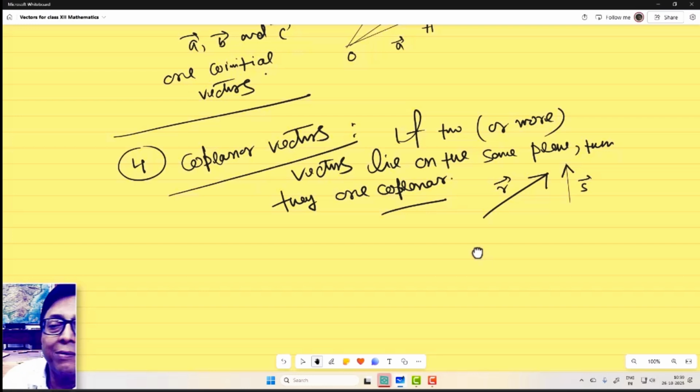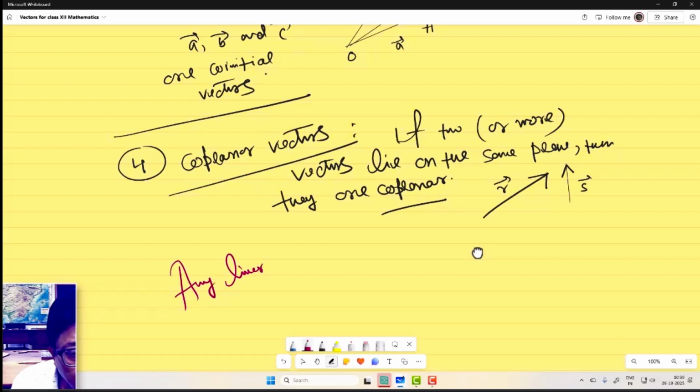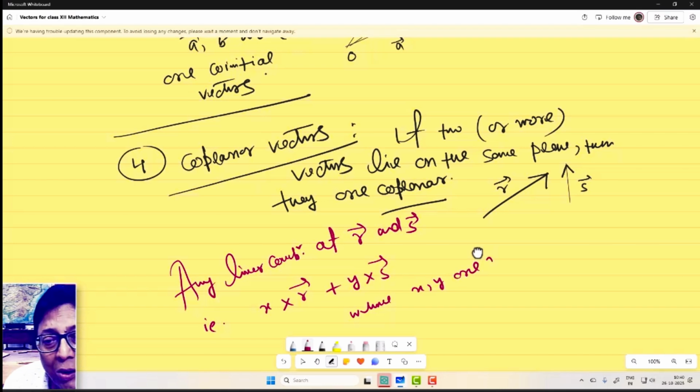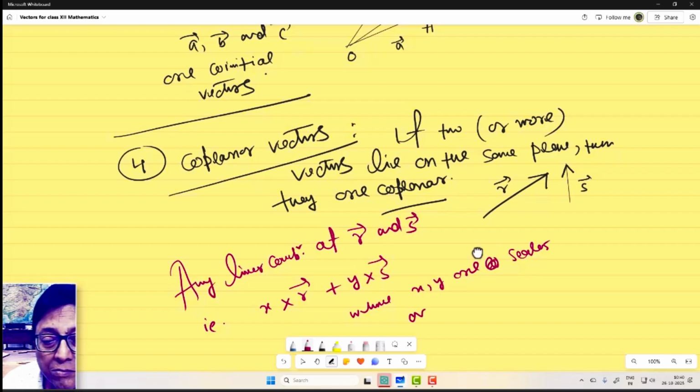And one thing you should remember, that any linear combination of R and S, that is, X into R plus Y into S, where X and Y are scalars, is also coplanar.